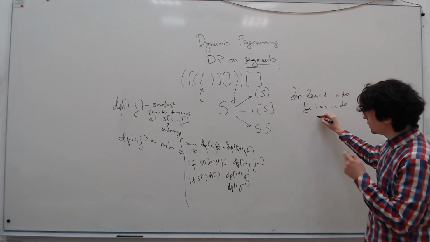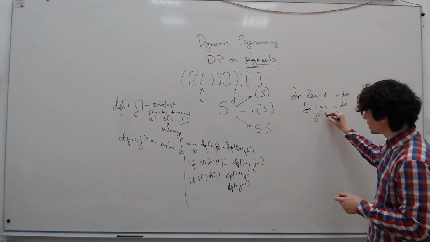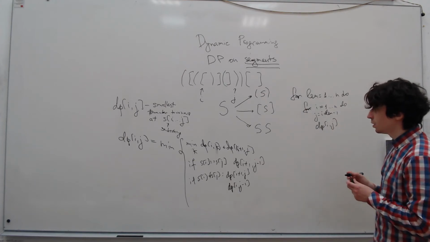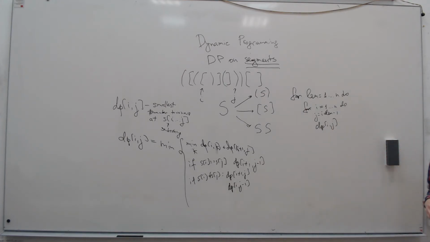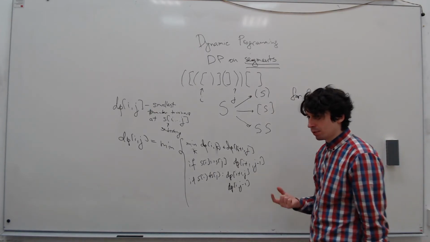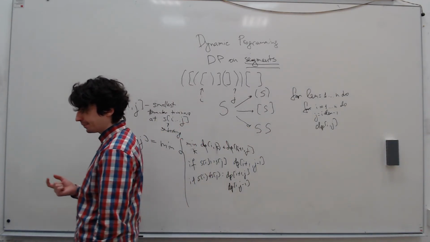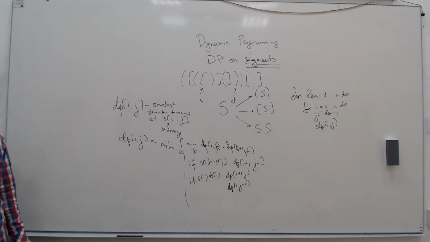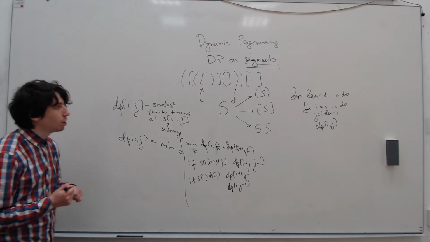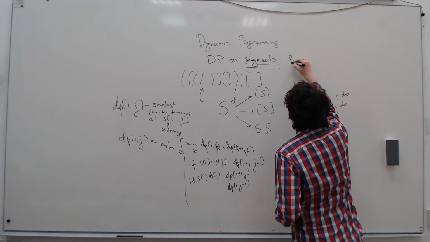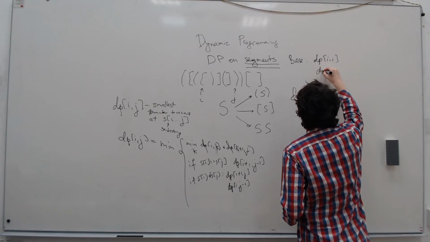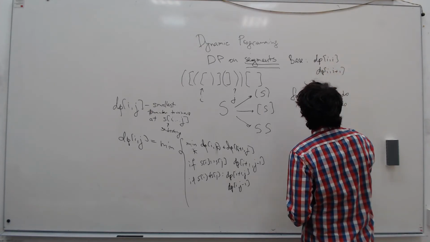And then we consider j equals I plus len minus 1, and then calculate dpij. So the base for this problem is dpii and dpii plus 1.